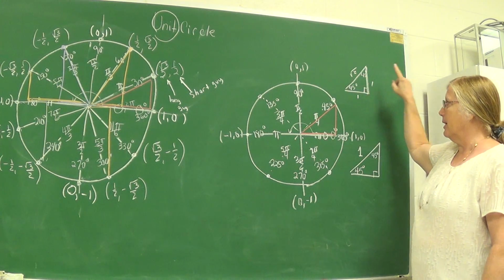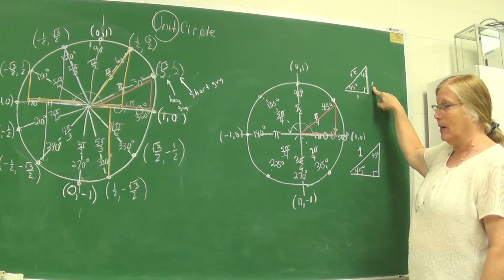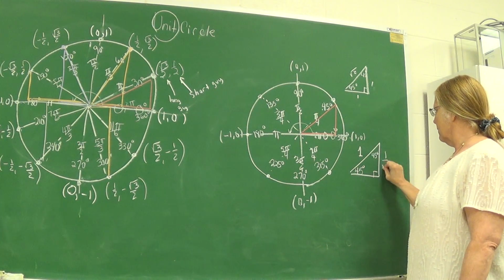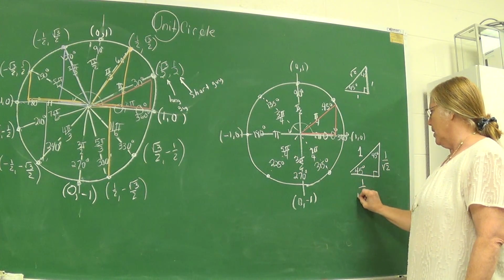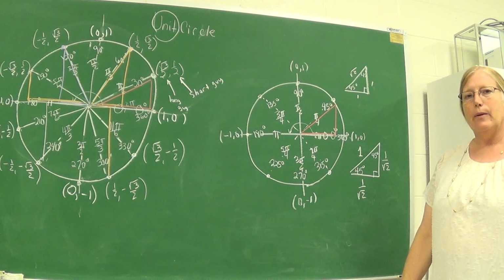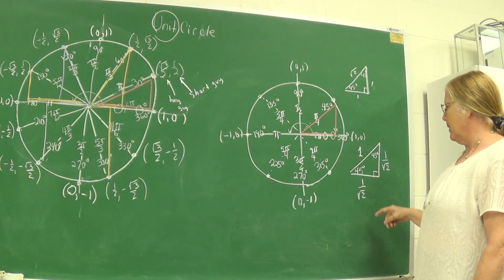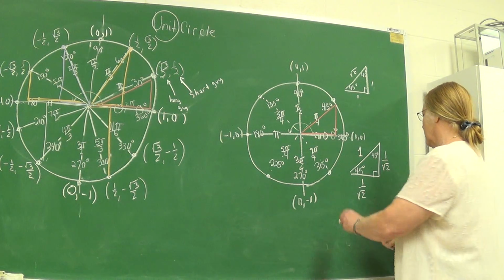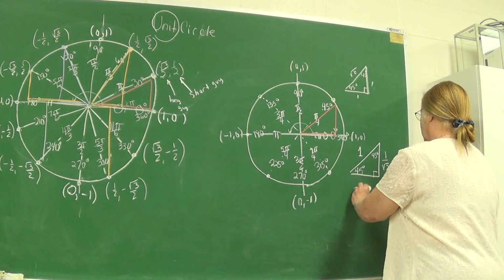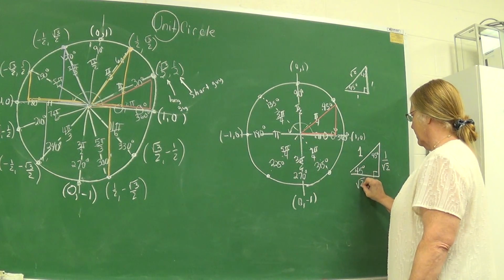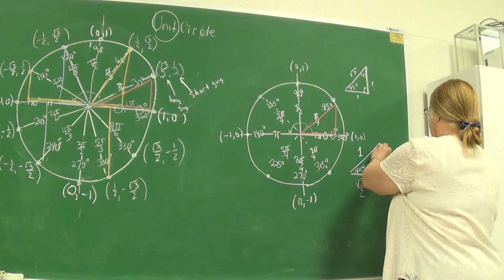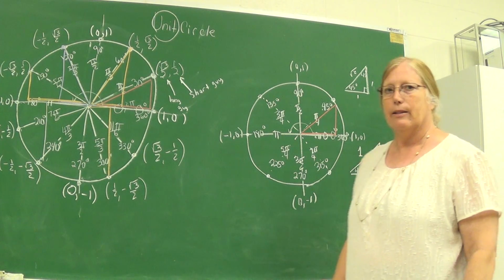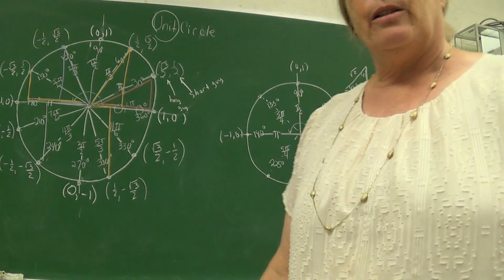And proportionally, I have to divide this by the square root of 2, and this by the square root of 2. But that's poor form. So we rationalize that by multiplying by the square root of 2 over the square root of 2, and we get square root of 2 over 2. So we went over rationalization of the denominator today again, so that should make sense to you.